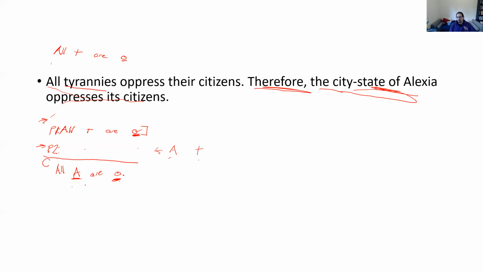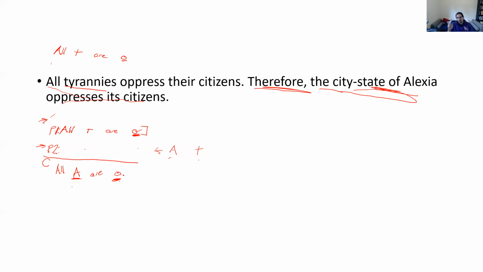Now, by the process of elimination, we can already eliminate a couple of things. We can eliminate the E and the O statement as a possibility. And the reason is rule number 4. Rule number 4 says, if you have a negative premise, you must have a negative conclusion.